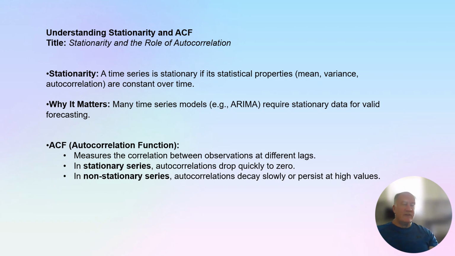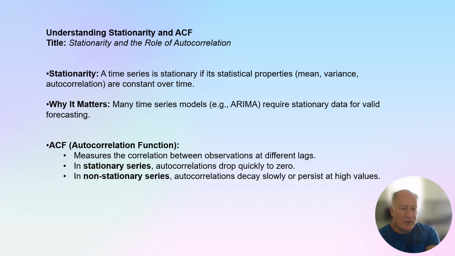So if we look at stationarity in the ACF, stationarity of a time series means the statistical properties of the mean, variance, and autocorrelation are constant over time, and we need it for the ARIMA model.